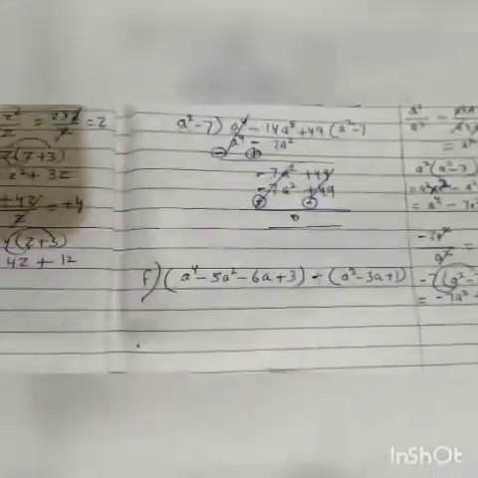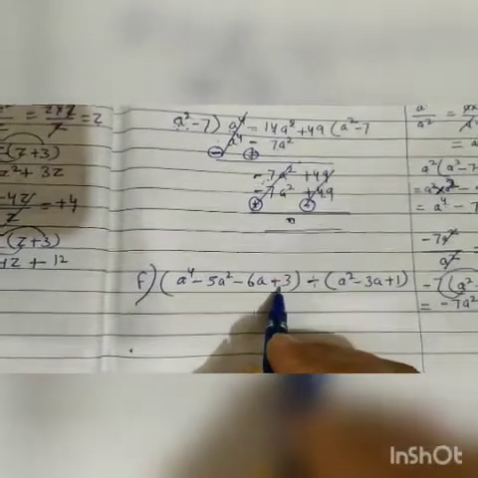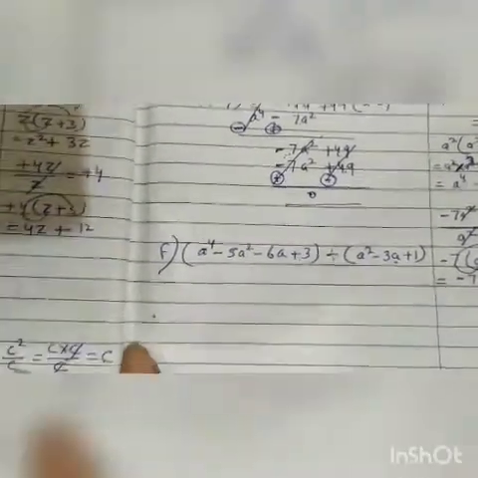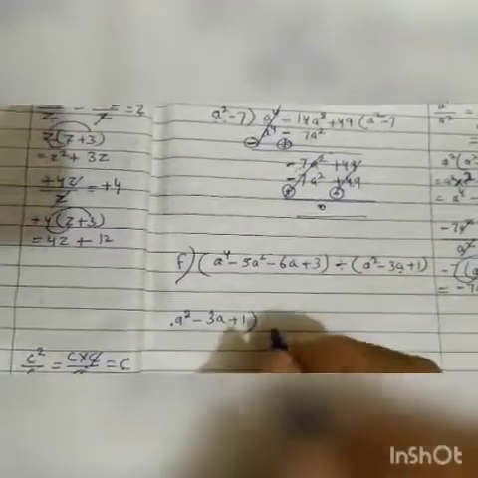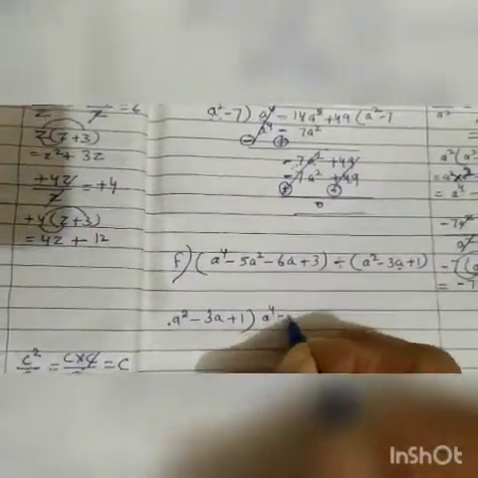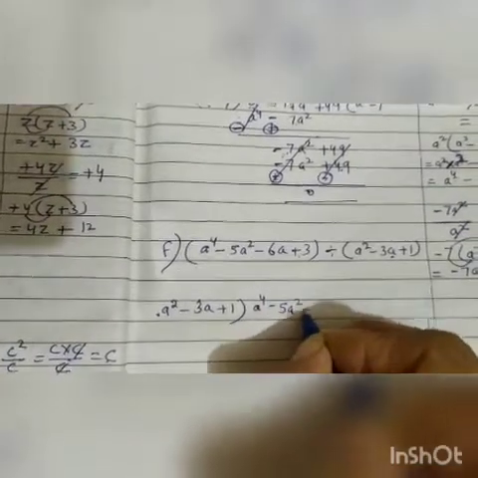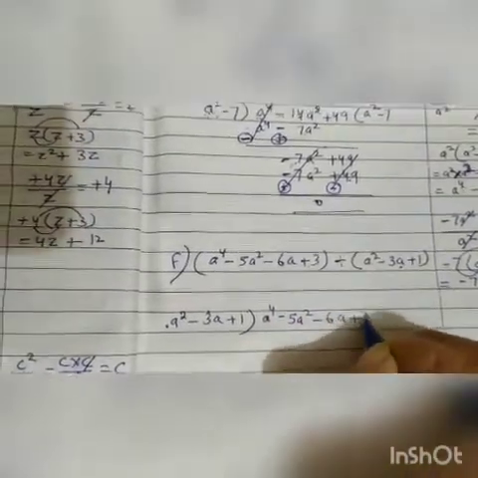This time in the dividend there are 4 terms and in the divisor there are 3 terms. So first we will write it in the form a square minus 3a plus 1, this one the divisor, then a power 4 minus 5a square minus 6a plus 3.